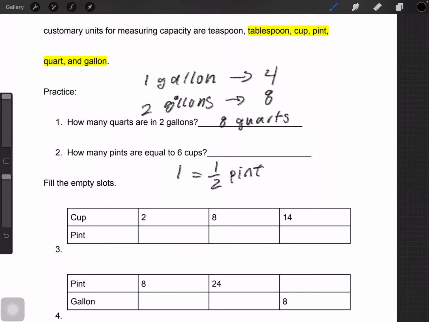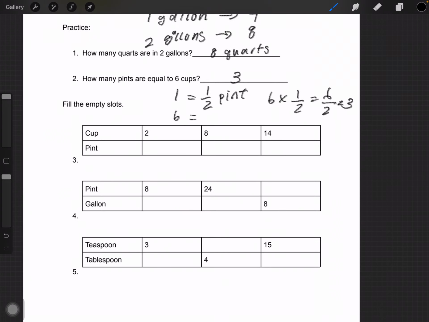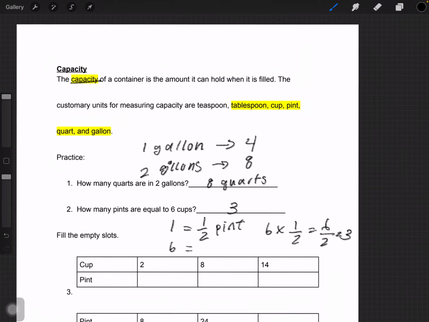So 6 cups is equal to, well, we have 1/2 times 6, which is equal to 3. Fill in these empty slots. If you have not learned this yet, you can go ahead and search it up. I think these are just kind of knowing how many of these things.